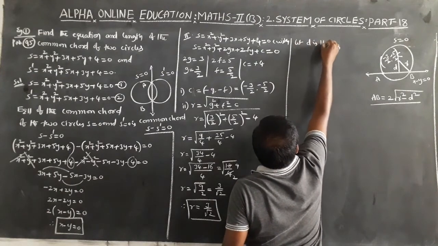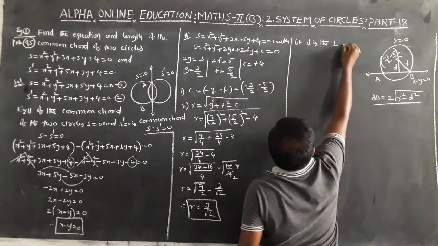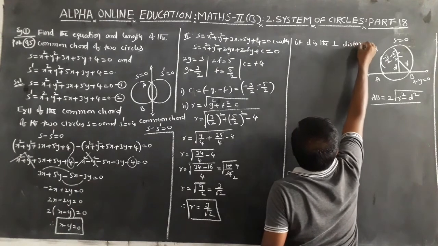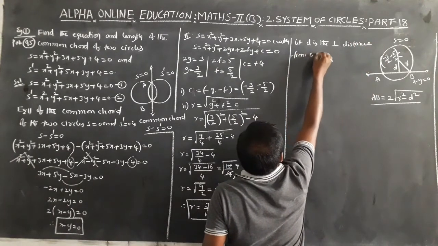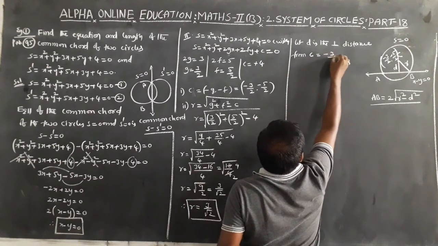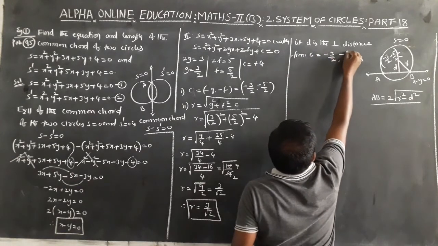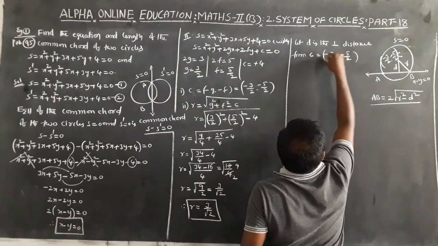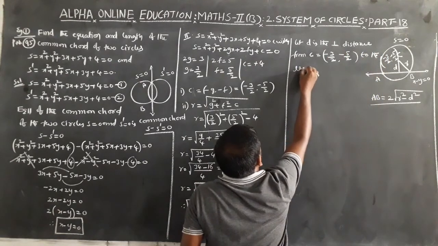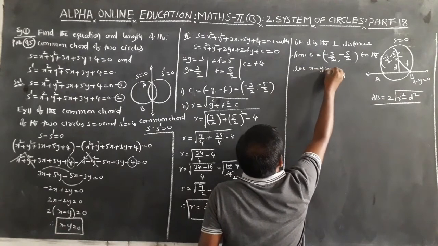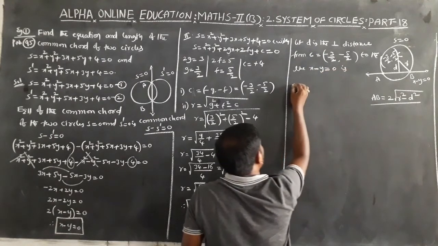Let D be the perpendicular distance from the center (-3/2, -5/2) to the line x minus y is equal to 0.